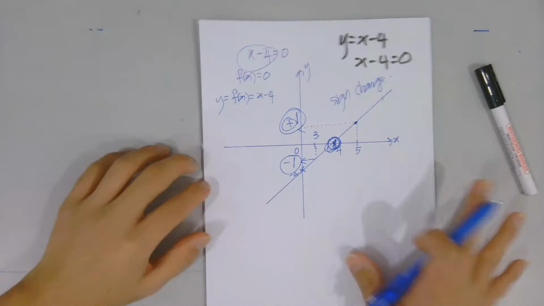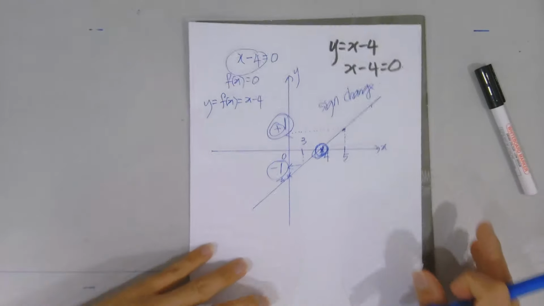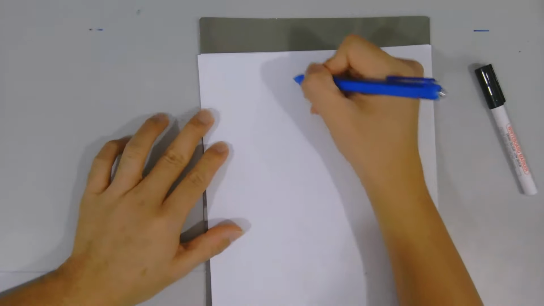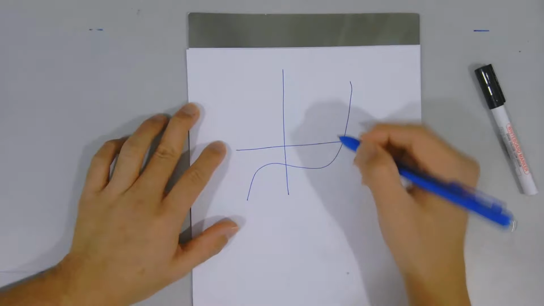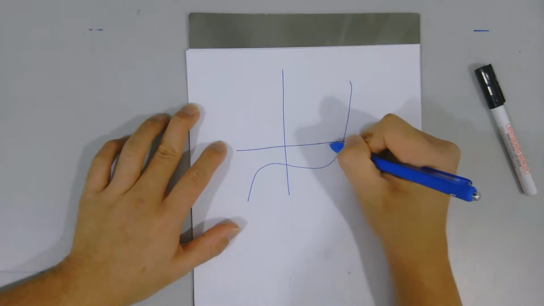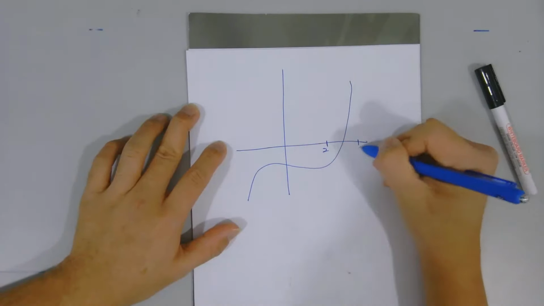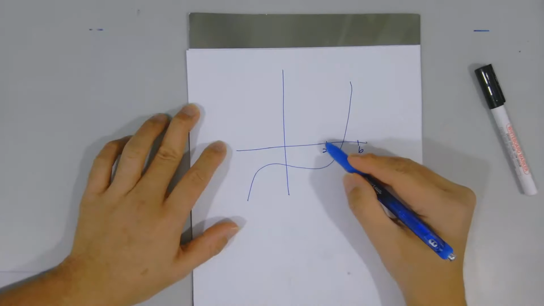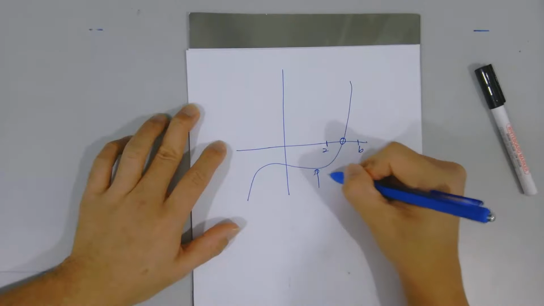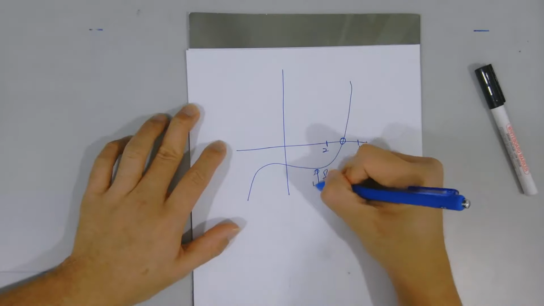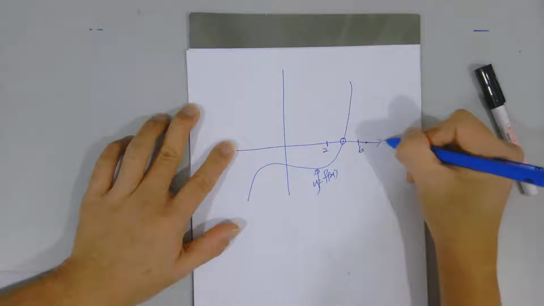And there are many more. For example, if you have a graph, this is a concept now. Let's say there is a root between 2 and 6. Roots mean the x-intercept. This is the graph of y equals f(x).